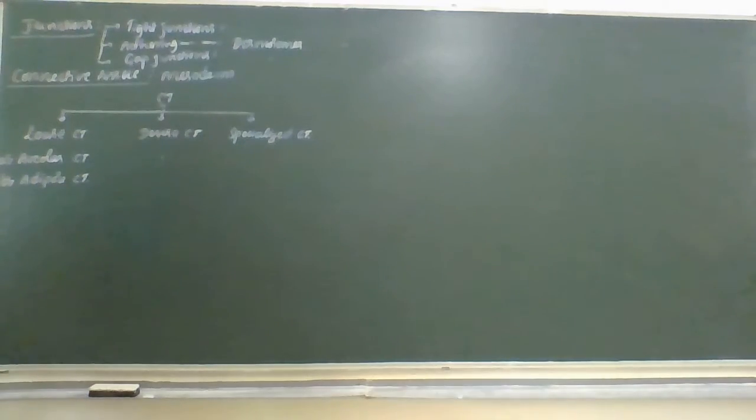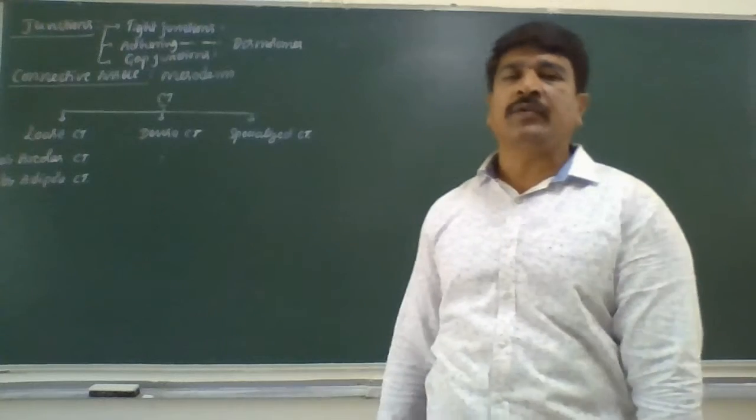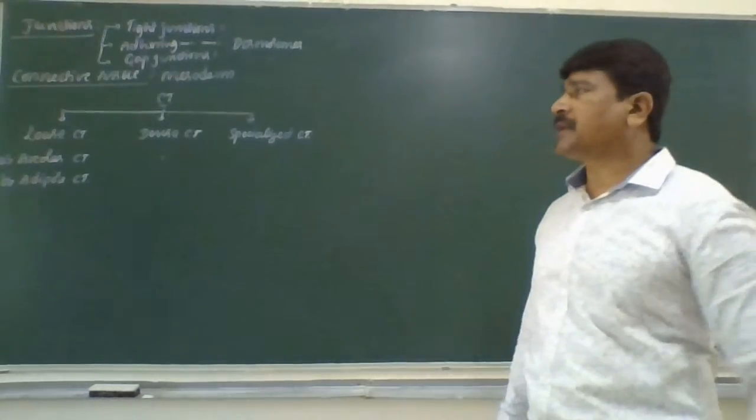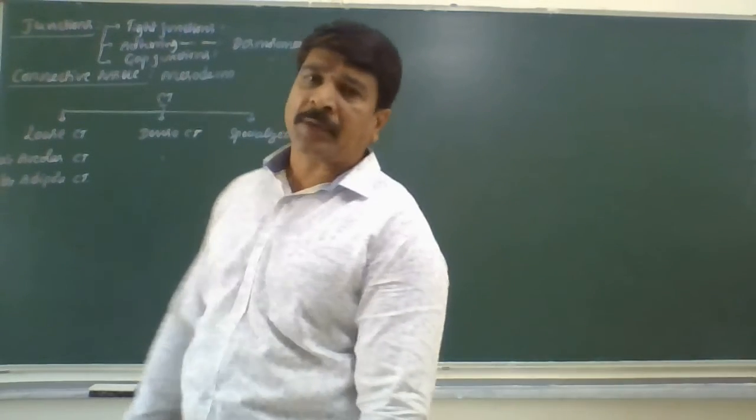So in loose connective tissue, the cells and fibers are loosely arranged in the matrix. Hence the name loose connective tissue. The loose connective tissues are areolar connective tissue and adipose tissue.